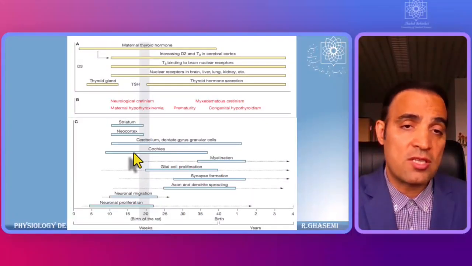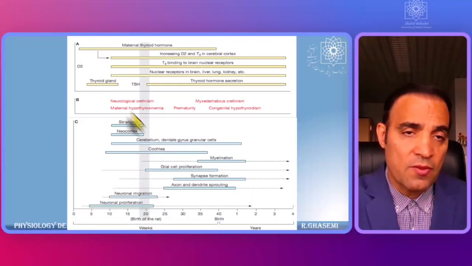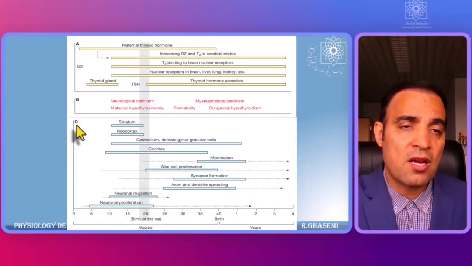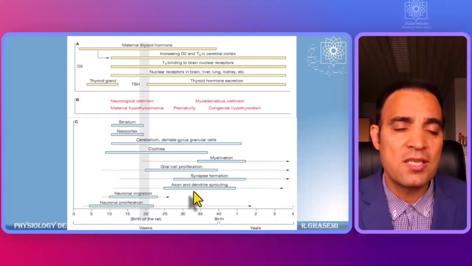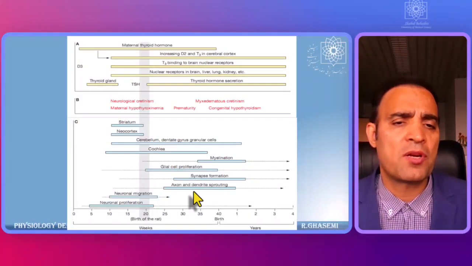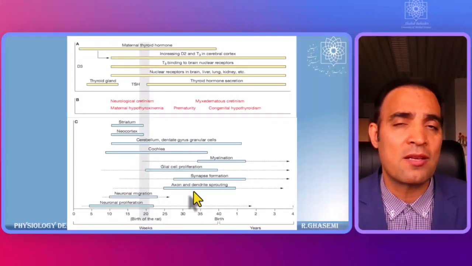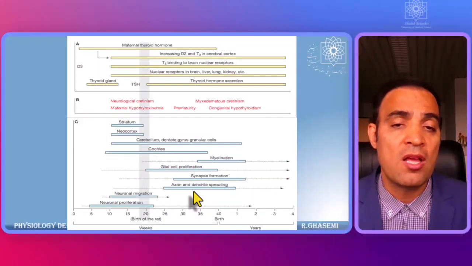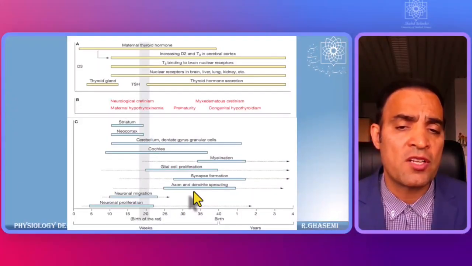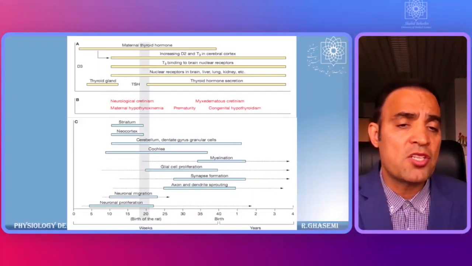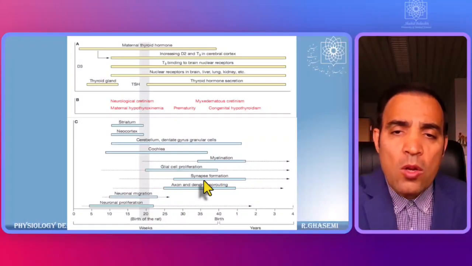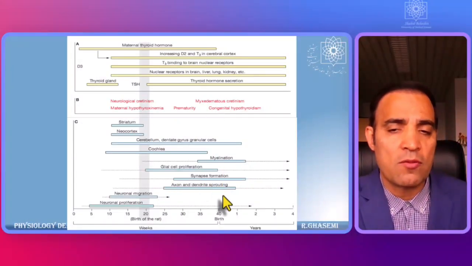But in part C, you can see the development of different parts of the brain that depend on thyroid hormone: striatum, neocortex, cerebellum, cochlea, glial cell proliferation, neuronal migration, and neuronal proliferation all depend on thyroid hormone.